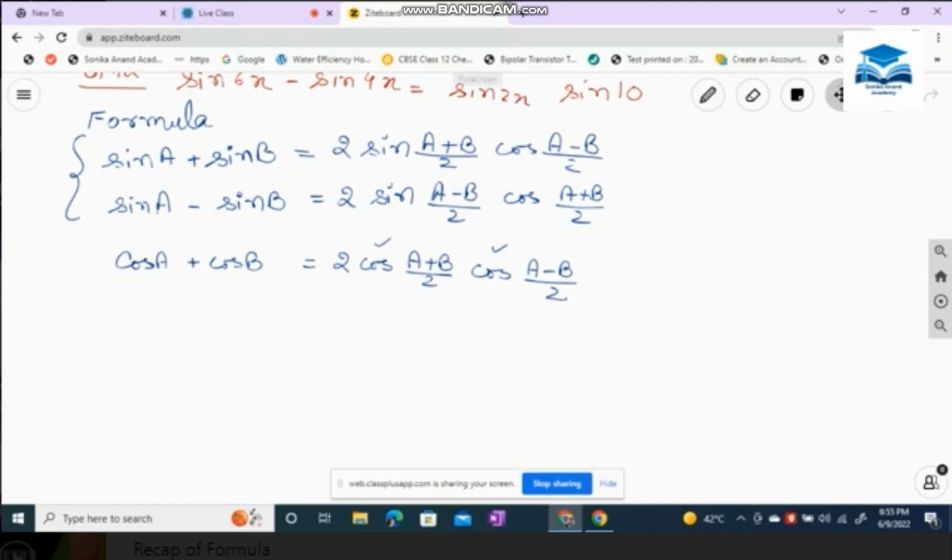And the formula cos A minus cos B becomes 2 sine. Firstly write A plus B by 2, then sine A minus B by 2, along with the minus sign. Okay? So now these are the 4 formulas we have.